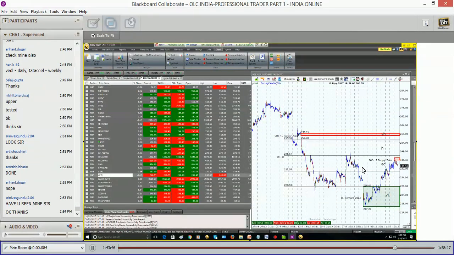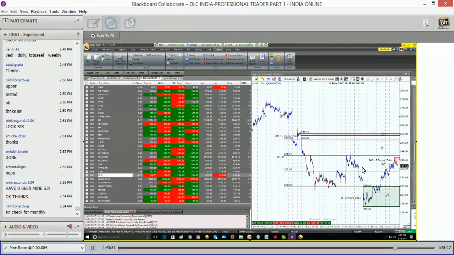Perfect. Good going, Amitabh. Arihant, let's have a look at yours. Yes, that is correct. Can you go to the smaller time frame, please?